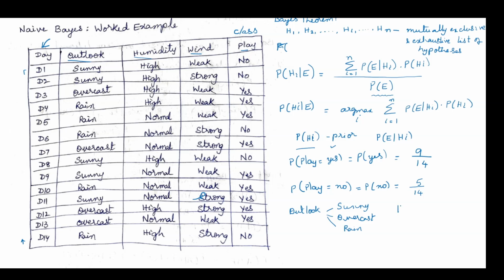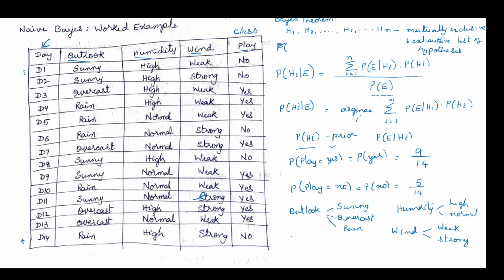We have humidity taking values high and normal. Then we also have the attribute wind, which takes on two values, weak and strong. So we need to evaluate the likelihoods for all of them.